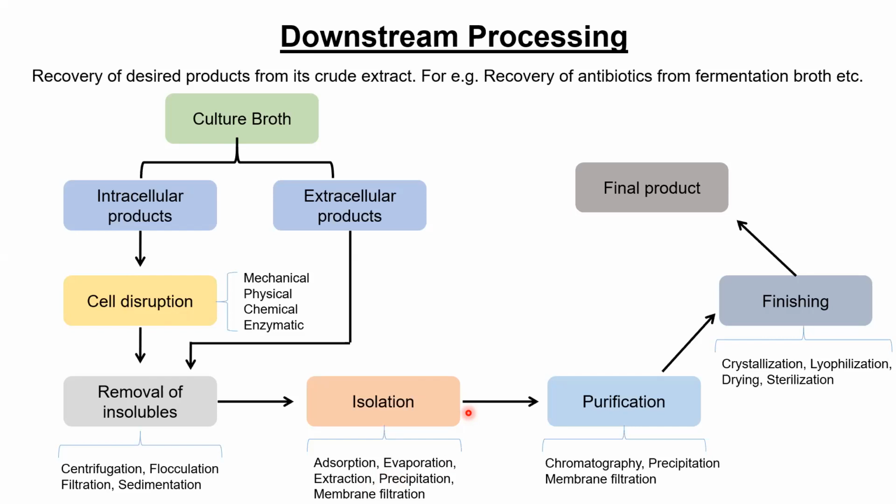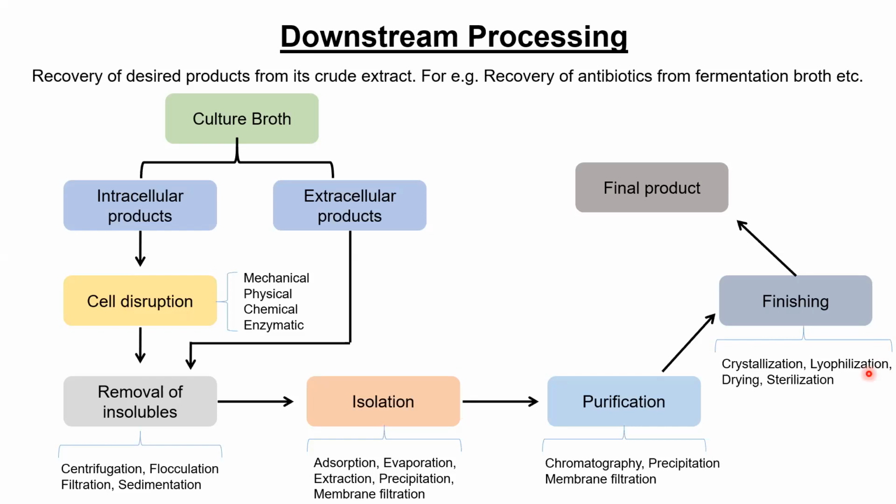Finally, when we have purified it, we have to crystallize it, or we can dry it, or freeze dry it. Sterilization is very important. We have to sterilize it. Either you dry it, or you lyophilize it. Lyophilization is actually freeze drying. So you freeze them under vacuum conditions, or you can crystallize them.